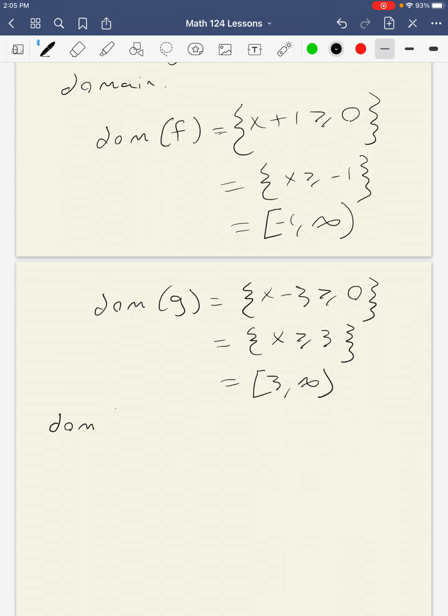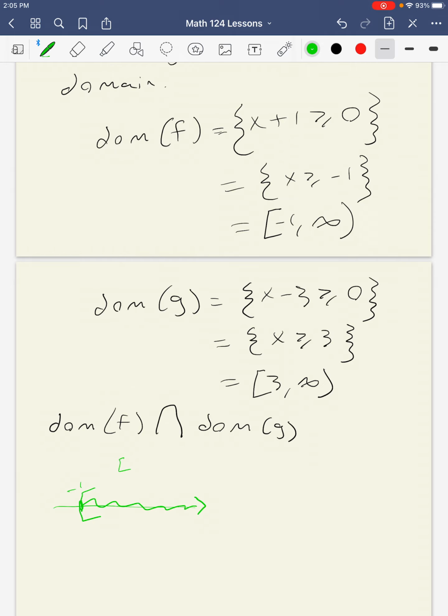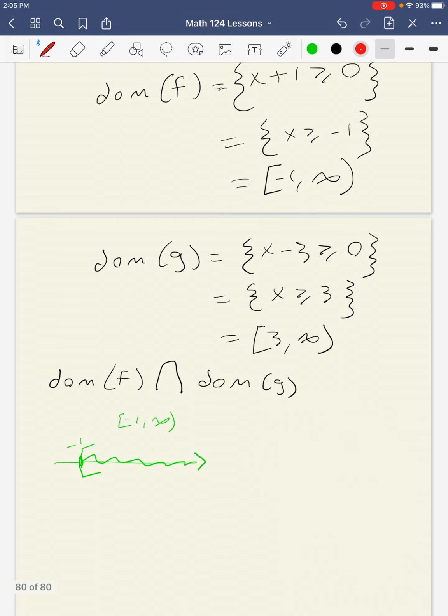So the overlap of these domains, for which we can use the intersection symbol, is what? Well, I'll draw a picture here. Here's the domain of f in green. It's -1 off to infinity. And in red, I'll do the domain of g, which is the number 3 off to infinity.